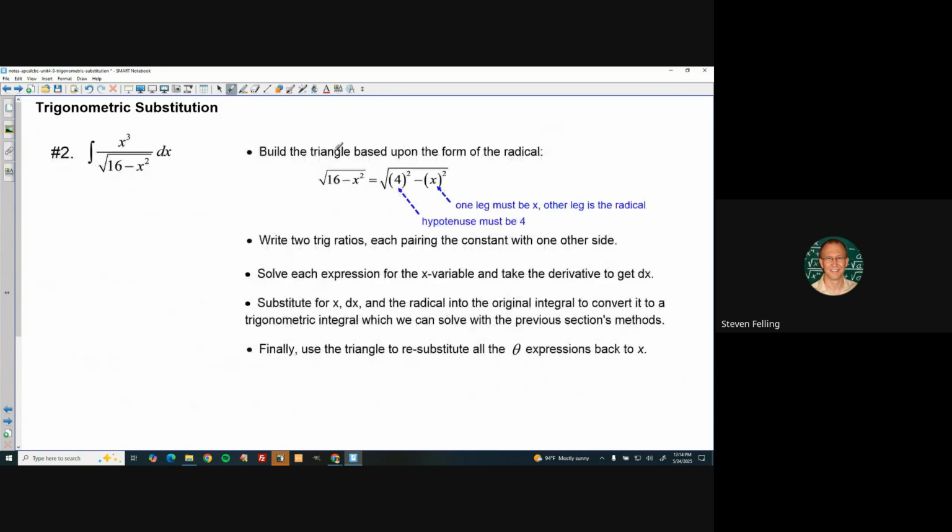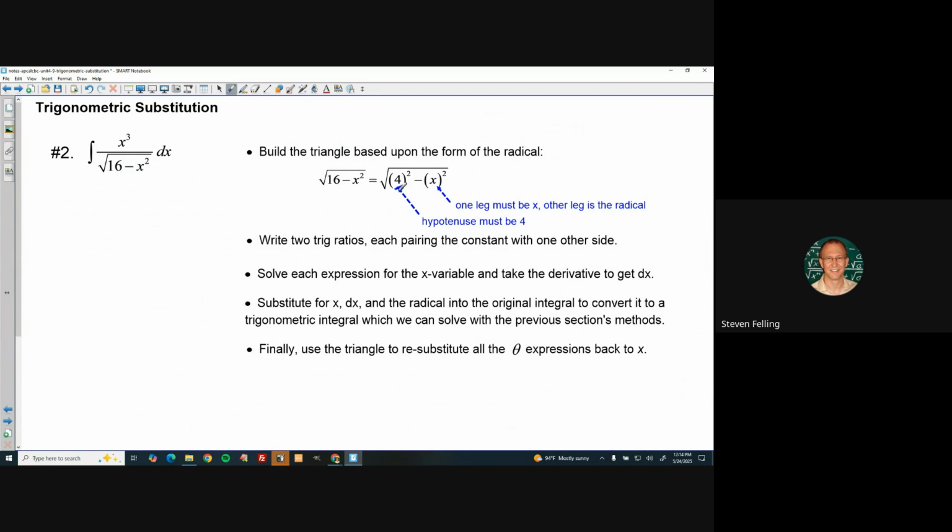Let's try another one. What did we have for this one? We had an integral of x cubed over the square root of 16 minus x squared. We would build a triangle on that. The idea is we're going to build a triangle where this radical will be, since there's a minus sign, one of the sides. I'm thinking of this 16 as 4 squared and this x squared as x being squared.